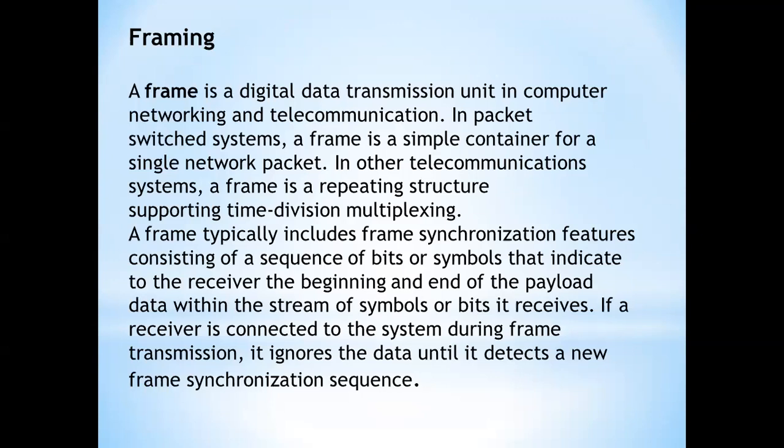So first is character count. In this method, a field in the header is used to specify the number of characters in the frame. This number helps the receiver know the exact number of characters present in the frame following the count. For example, two frames containing 3 and 8 characters respectively are transmitted over a network.